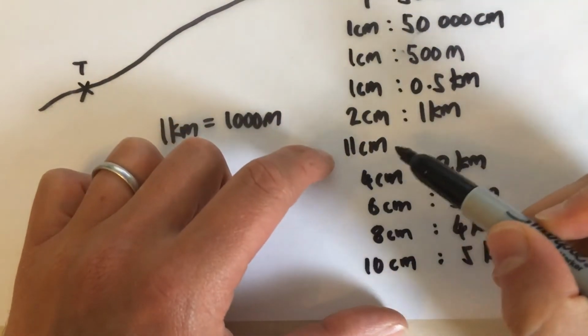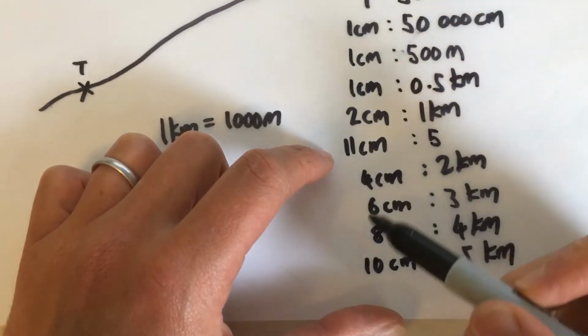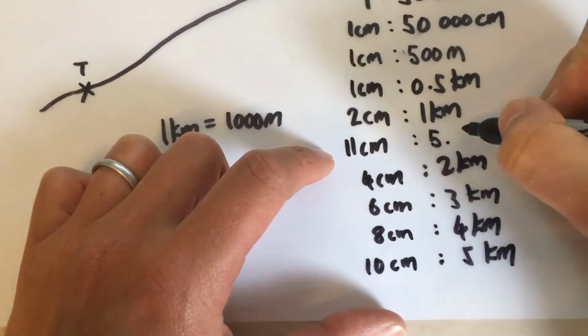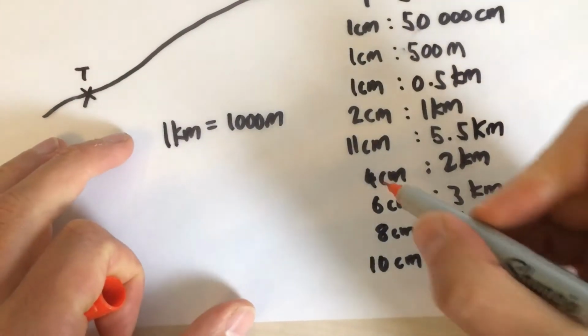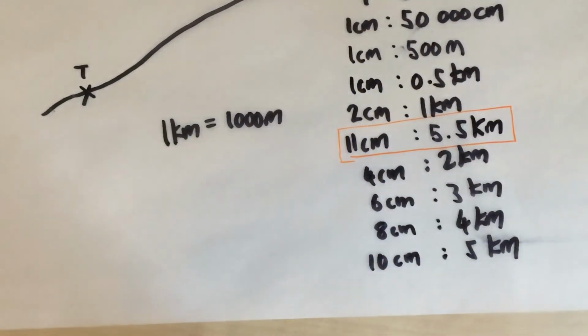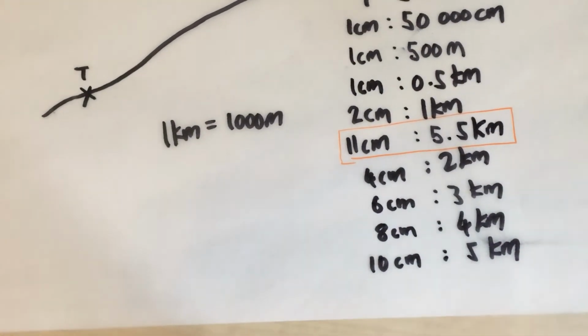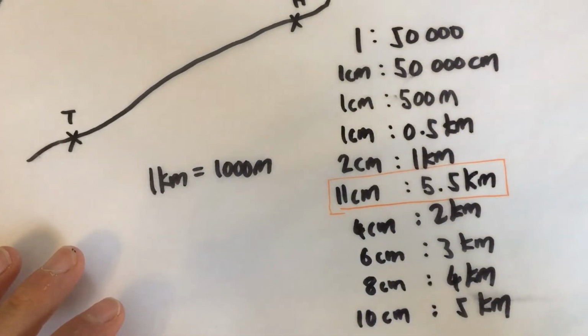Well, 11 centimetres is going to be 5.5 kilometres. So that's my answer there. The distance between T and A is 5.5 kilometres.